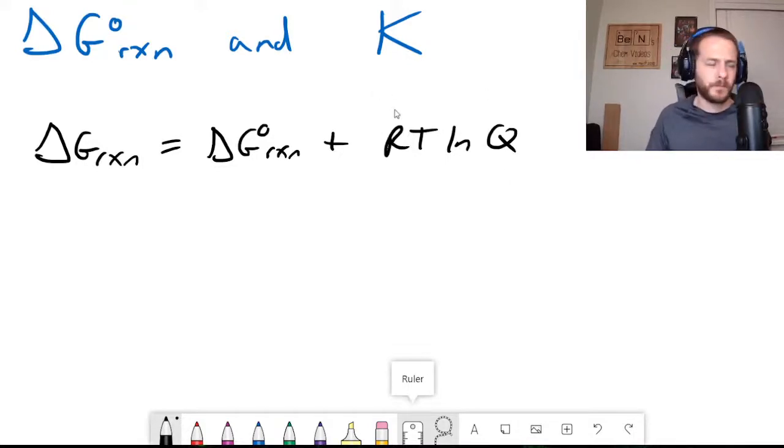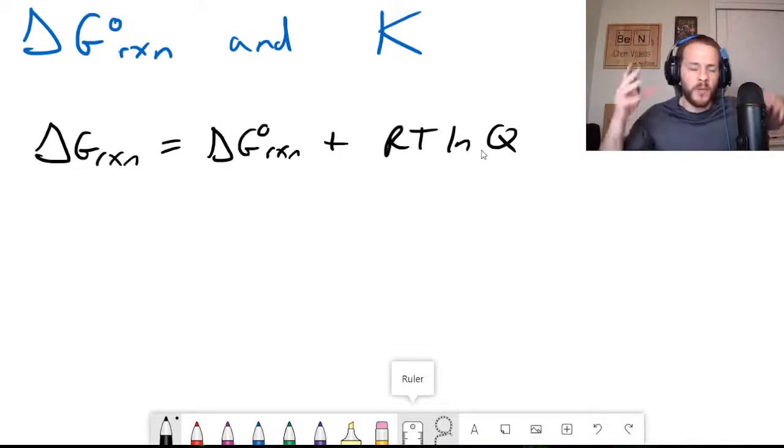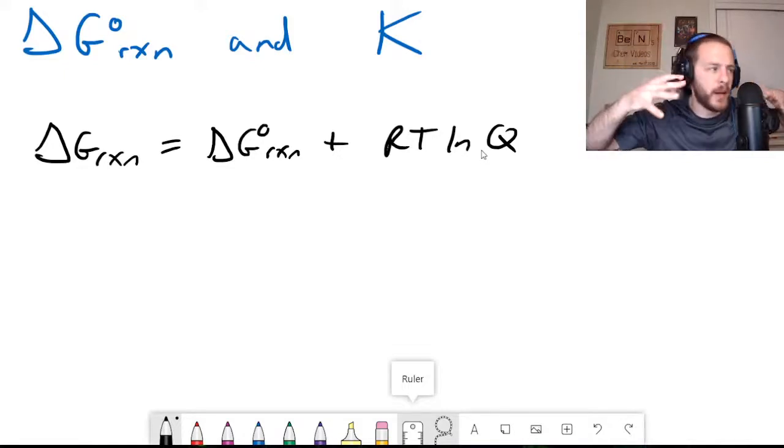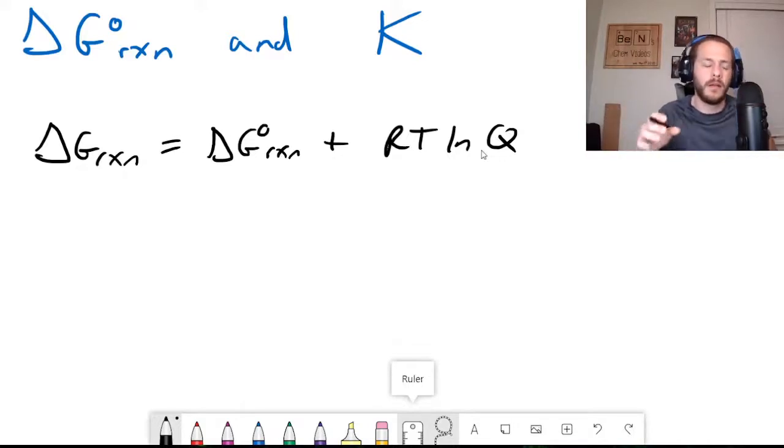And so K, the equilibrium constant, carries the same expression as Q, the reaction quotient, right? Where you have products raised to their coefficients divided by reactants raised to their coefficients. The only difference is that K is strictly under the equilibrium condition, the condition in which the rate of the forward reaction is equal to the rate of the reverse reaction, right?